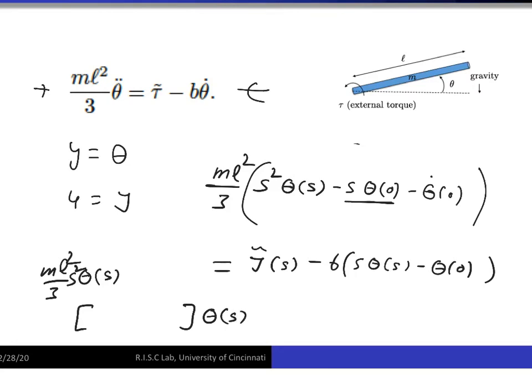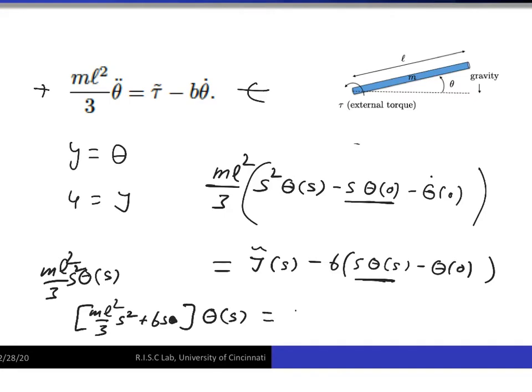So that will be your mL square by 3 s squared plus b s, this one right here, theta s, and then you can take everything else this side.